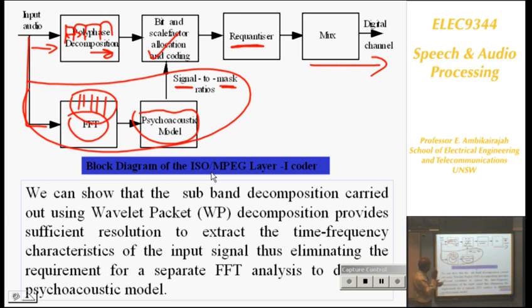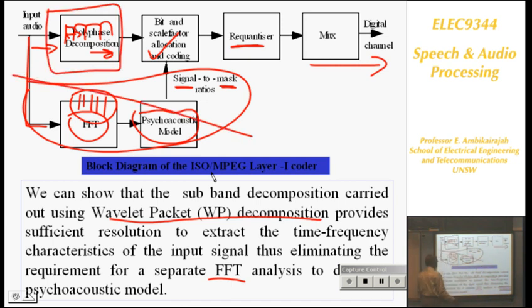But we can show that instead of doing it this way, if you use wavelet packet decomposition, which I have already done under the time frequency resolution chapter, we can actually eliminate FFTs, because we can decompose with wavelet packet decomposition such that it has critical bandwidth filters, and then we can calculate the masking threshold as part of it. So this is replaced by wavelet packet decomposition, then you don't need this section.